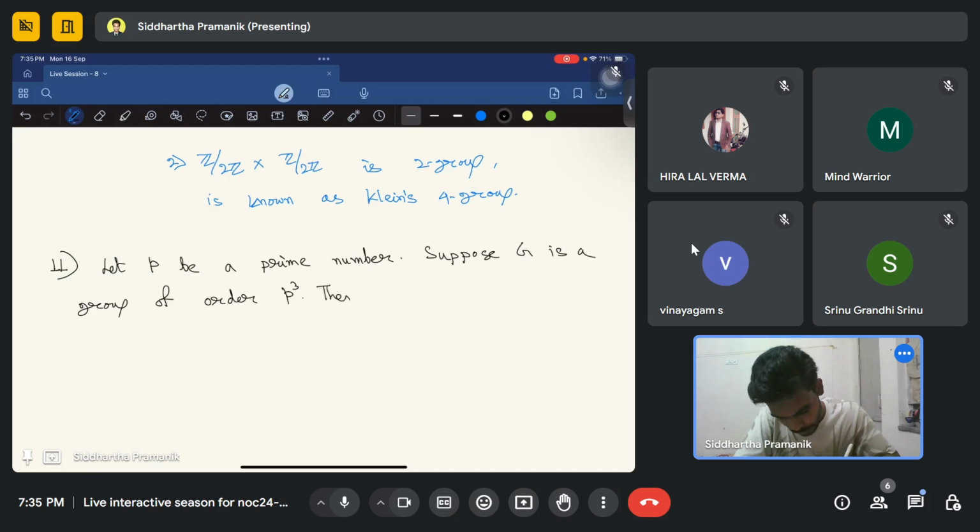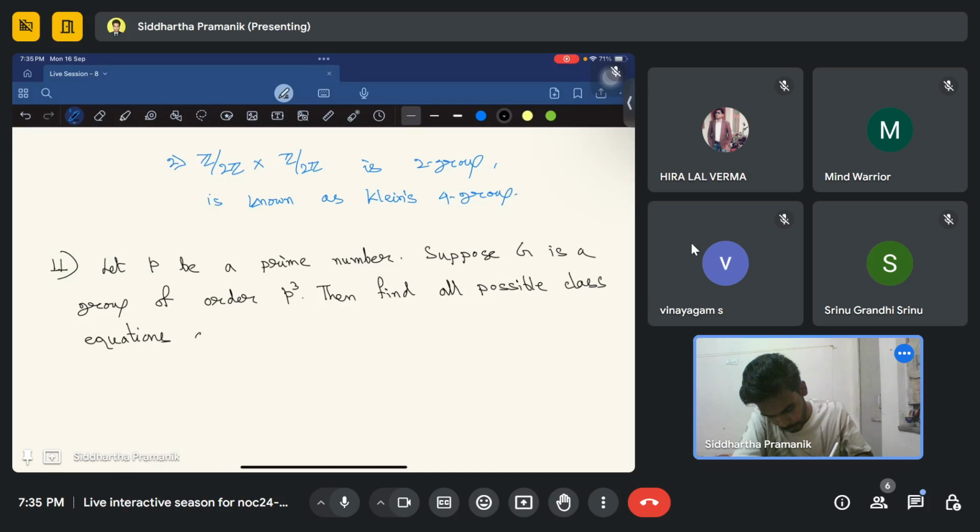Then find all possible class equations of G. So we have to find all possible class equations of a group of order pq.